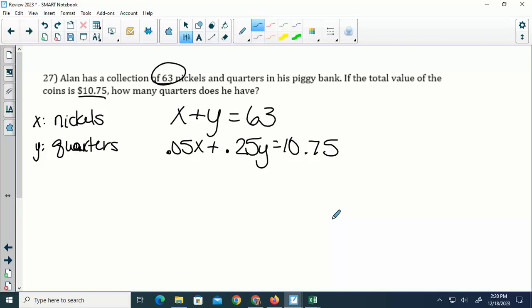All right, now what do we do to solve this? Oh, elimination is probably the easiest. If you want to eliminate x, we would have to take the first one times negative 0.05. So you get negative 0.05x minus 0.05y equals negative 3.15.